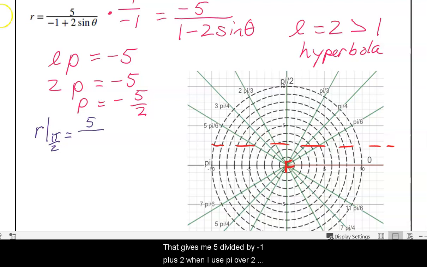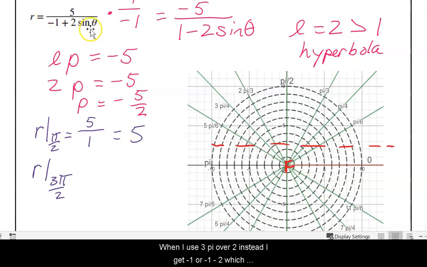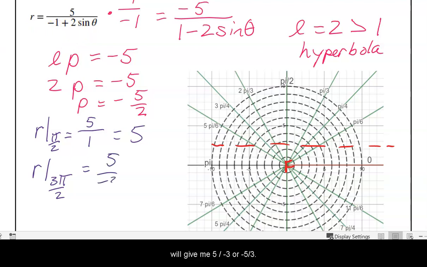That gives me -5 divided by -1 plus 2 when I use pi/2, which becomes 5/1 or 5. When I use 3π/2 instead, I get -5 divided by 1 plus 2, which will give me -5/3. Now, this is a little bit unusual.